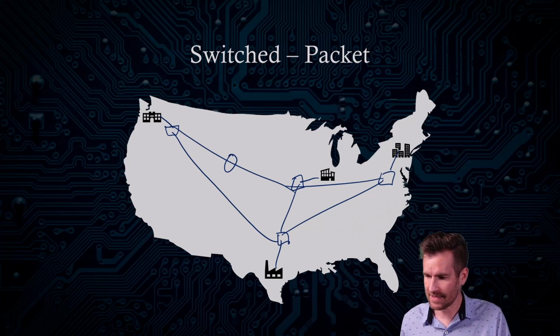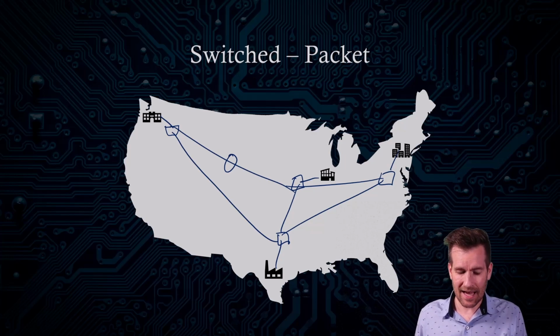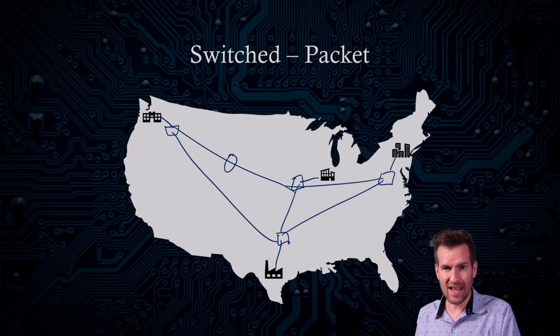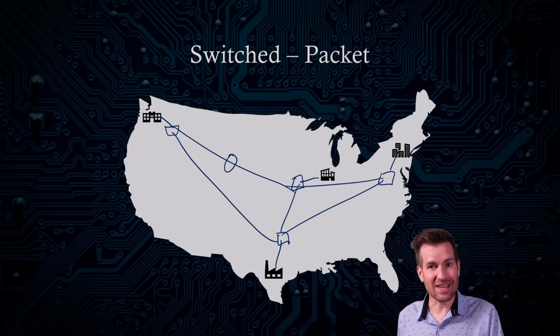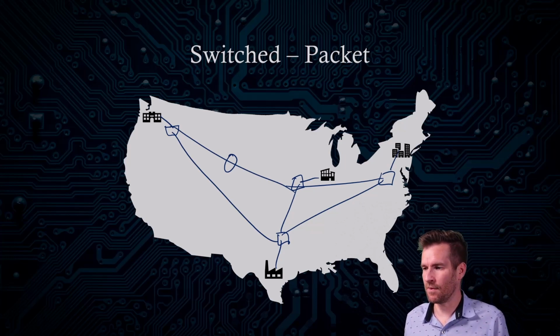Now, this can come at a bit of an expense, especially compared to things like internet and plain old telephone systems, but we get some guarantees when we get this type of connection.